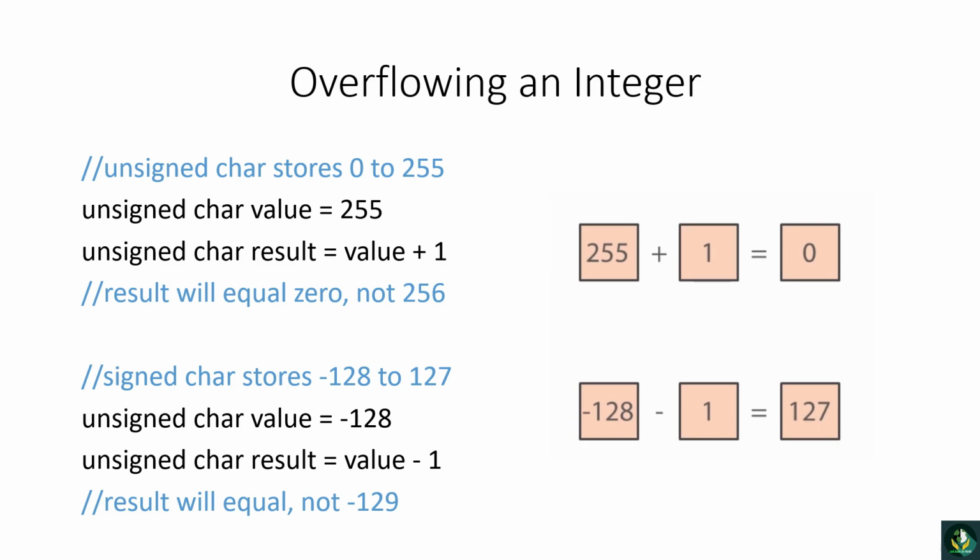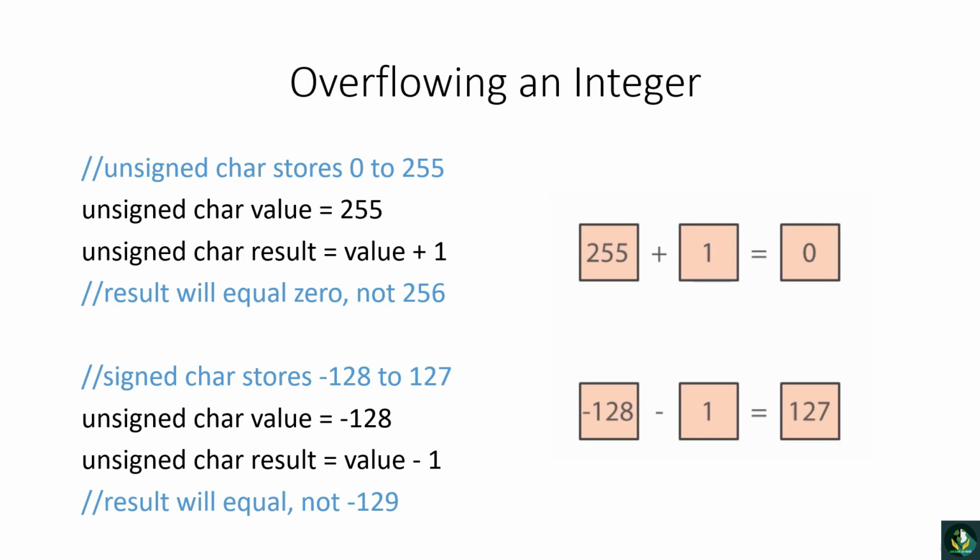Integer overflow works in the opposite direction too, when attempting to store an integer value that is too small for a variable's data type. A signed character variable can store an 8-bit integer value in the range of negative 128 to positive 127. If we declare a signed character variable, assign it a value of negative 128, subtract 1 from the value, and assign the result to another signed character variable, what will be the value of the result?